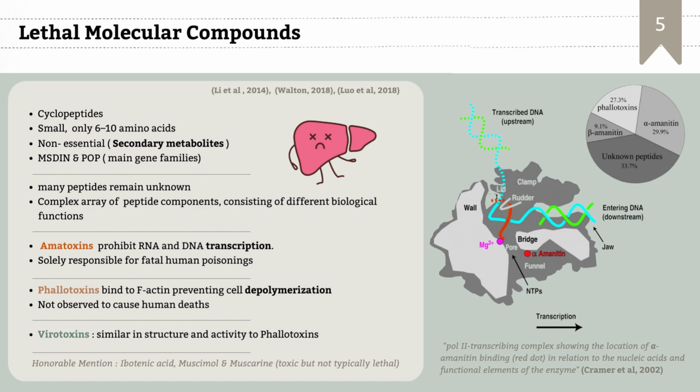I like to do an honorable mention of ibotenic acid and muscimol, and muscarine, which are toxic but not typically lethal. Basically, ibotenic acid gets converted to muscimol in the GI tract or during cooking, and this sort of mimics GABA, which is usually the reason why members that produce these toxins, such as Amanita muscaria, have psychotropic effects.